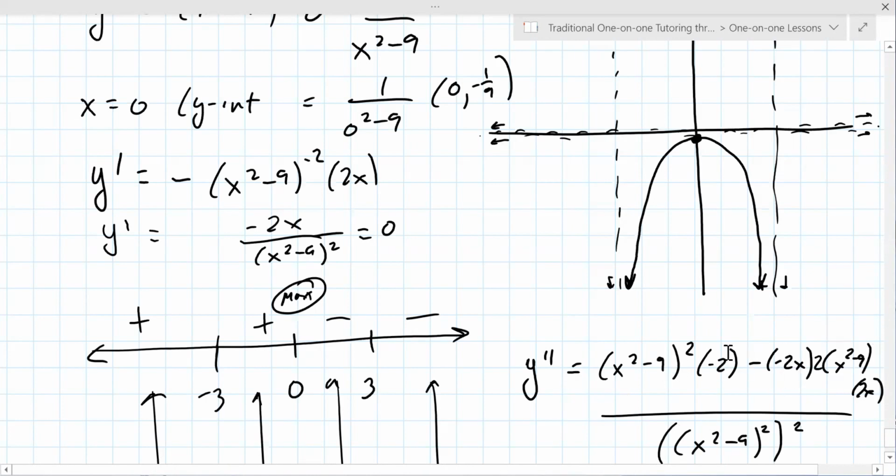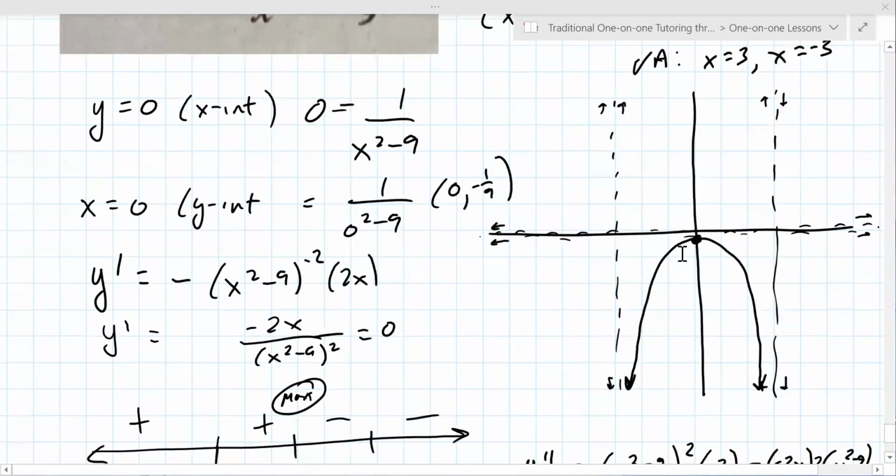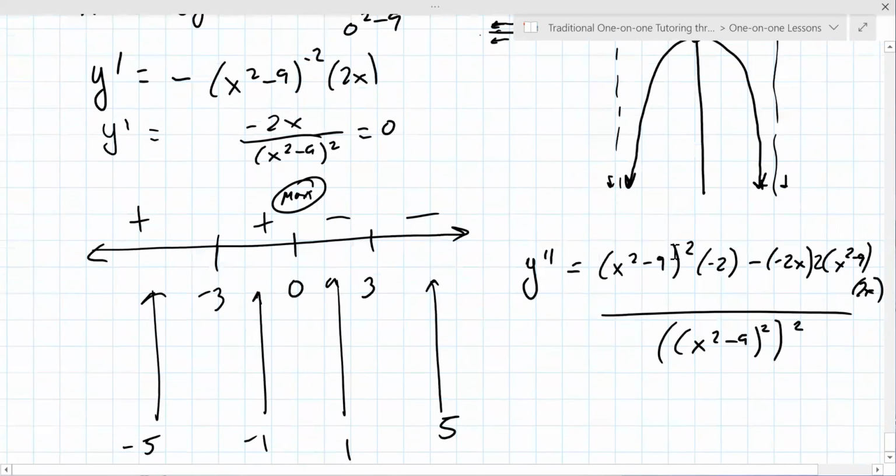You're supposed to simplify this, which we won't even have anywhere close to the amount of time to do. But what you're going to find is that there is no inflection points, and then it ends up being that this looks like this, and this one looks like this. And I'm sorry I'm not doing the full thing on this, but you would have to simplify this, and it's quite messy. Okay.